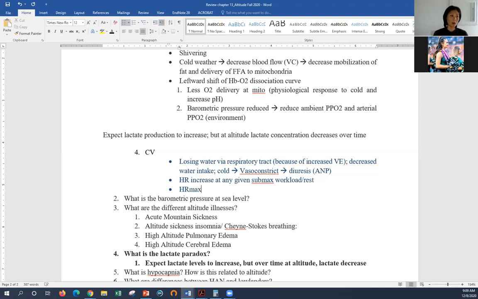However, our maximal heart rate is going to be decreased. And this is related to a reduced sympathetic nervous system stimulation or responsiveness.